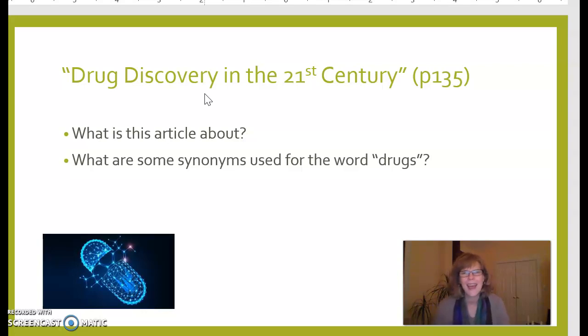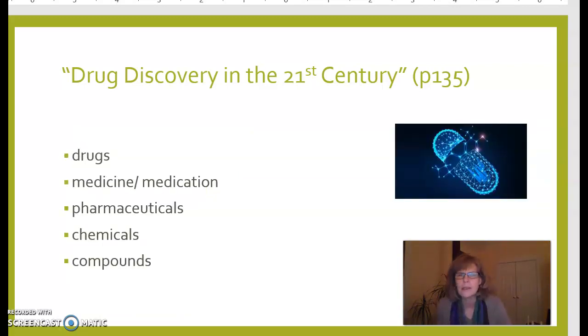As I look at the synonyms for the word drugs, I look throughout the article and I see some of these words being used, right? I might find words like medicine or medication. I don't find this a lot in the article, but I know this is what they're talking about as they talk about laboratories that are looking for ways to create new medicines, new drugs, new medications.